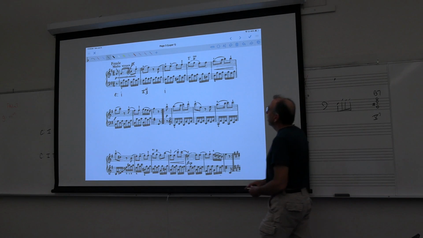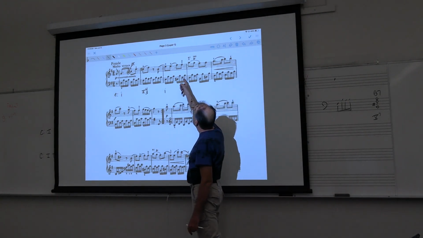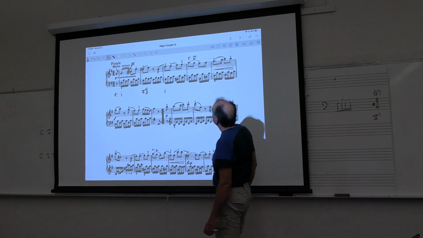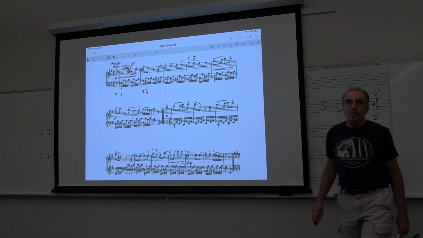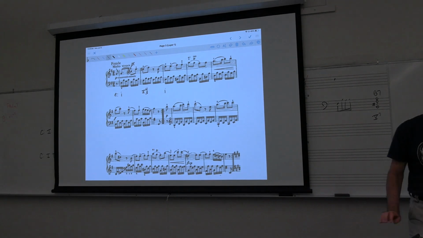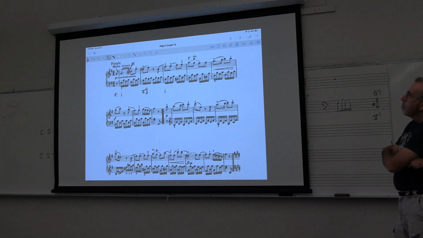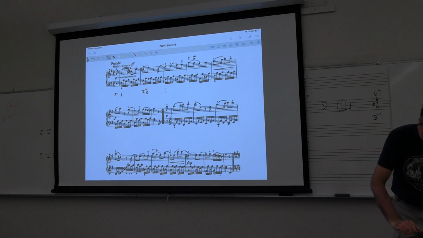But then in the second half of the measure, things change. That's clearly a change in harmony there. What is that? 5, 6, yeah.